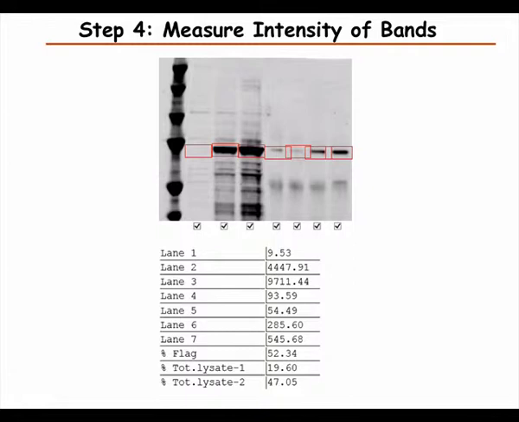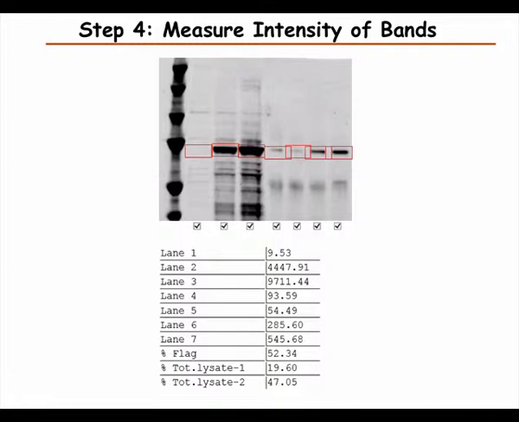Now that the gel size is standardized and we've straightened out the lanes, we can go in and actually integrate the different bands, so detect the bands and calculate the intensity, the area, the volume under them.